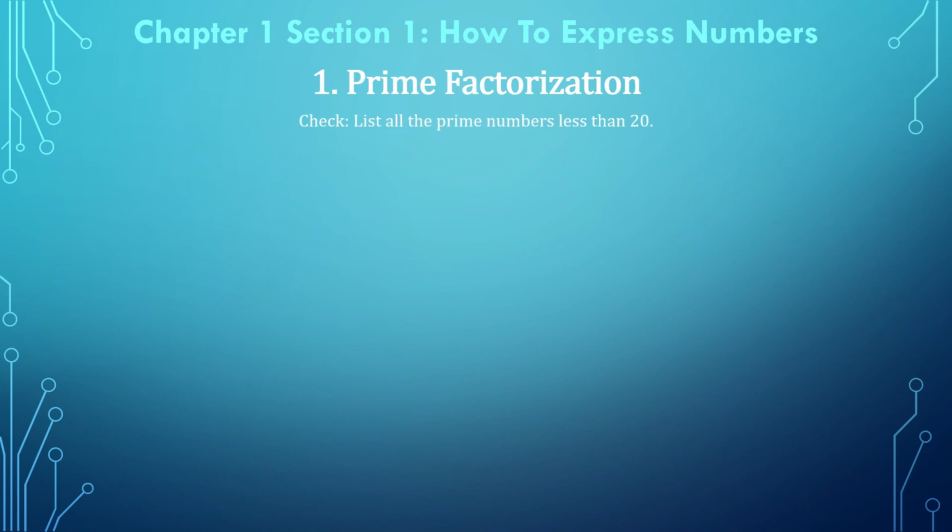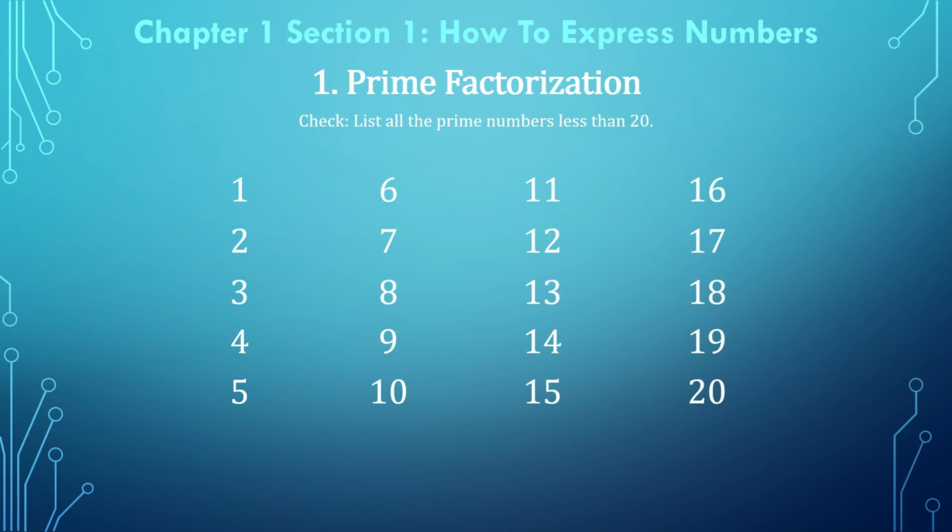Next, let's list all the prime numbers less than 20. By definition, you can exclude 1 right away. For other numbers, if a number can be expressed as a multiplication using numbers other than 1 and itself, you can say it's not a prime number.